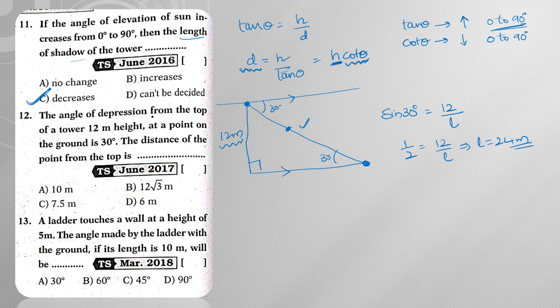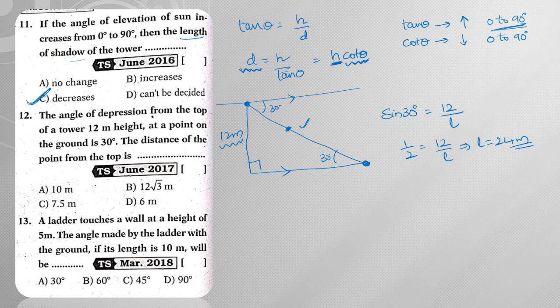But there is no such option given here, right? So what is asked? The angle of depression from the top of a tower of 12 meters height at a point on the ground is 30 degrees. The distance of the point from the top is 24 meters.